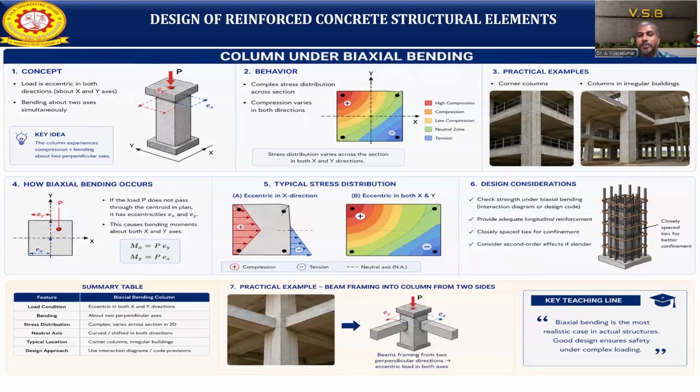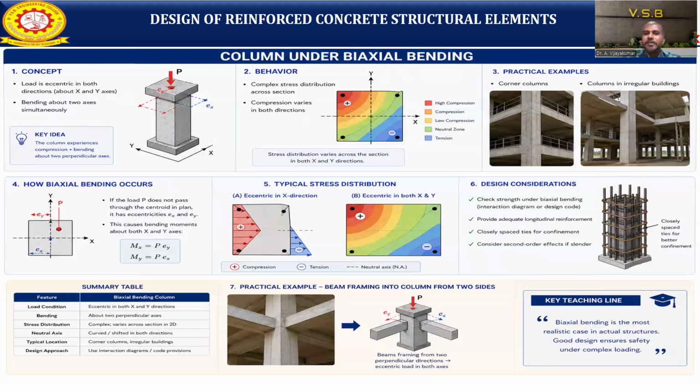When you look at the images, the colors show the different stress distribution across the section area: high compression shown in red, then compression, then low compression, then the neutral zone, and a bit of tension, which is very little here. So stress distribution varies across this section under both x and y directions.